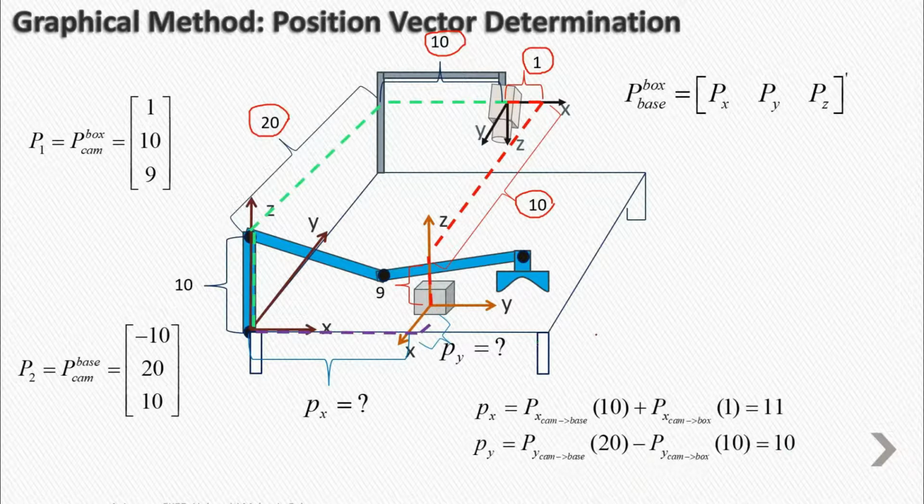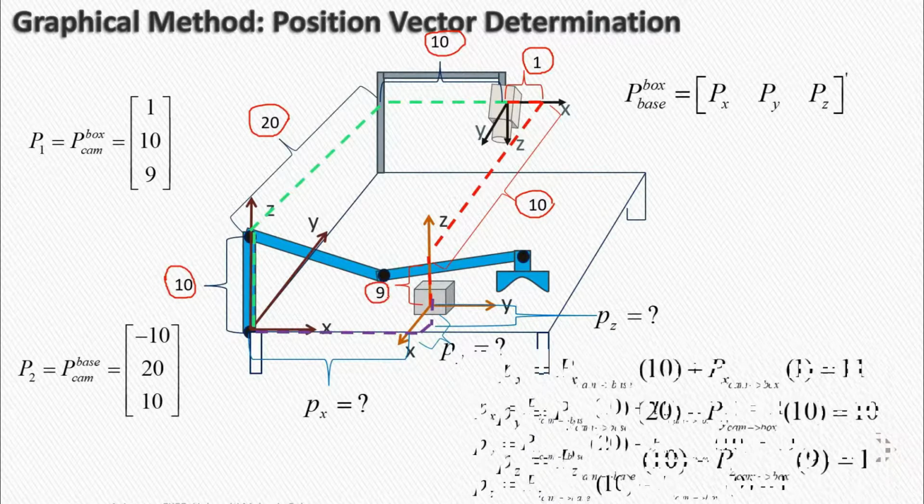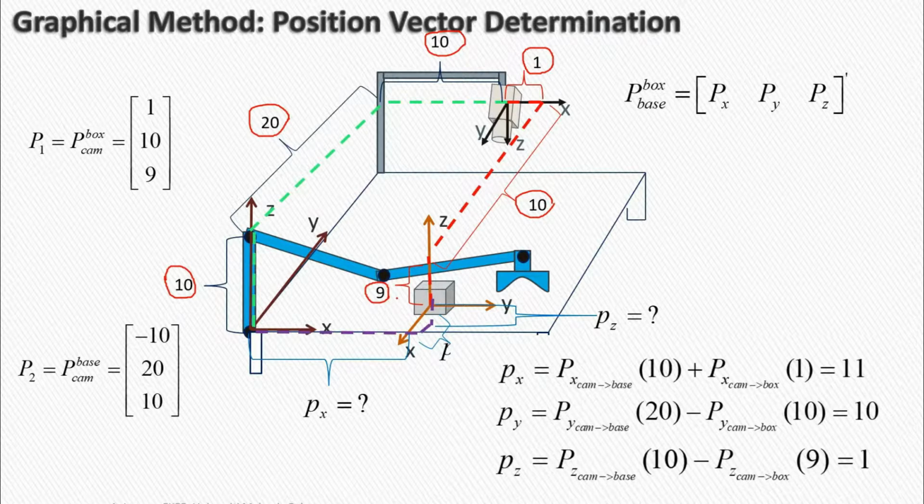Alright, so how about the pz? So pz is below the origin of the box coordination or box orientations. So it makes this pz for the base to box the minus between the 10 here, base to camera, and box to camera value here, right?